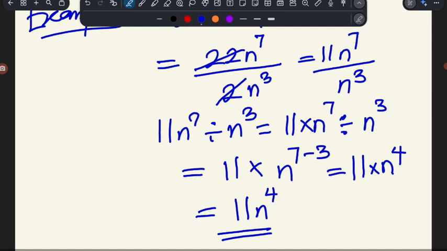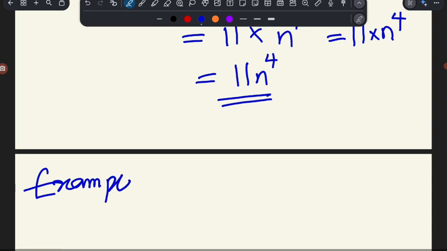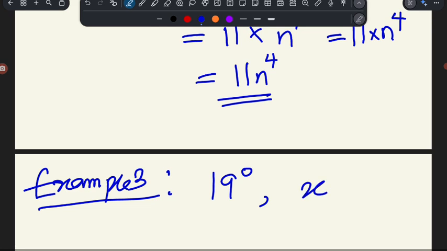Let's also try example 3. If you are to simplify 19 raised to the power 0, as I said earlier, x raised to the power 0 is equal to 1, for the fact that x is not equal to 0.